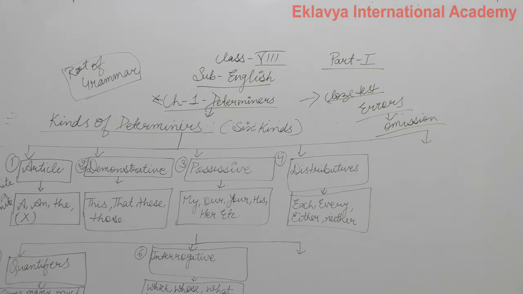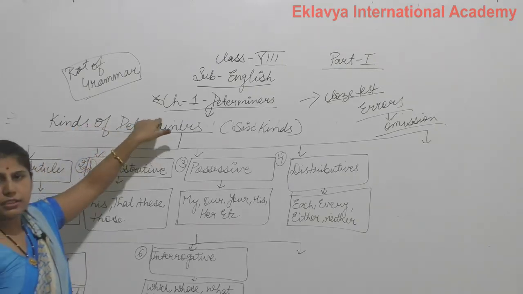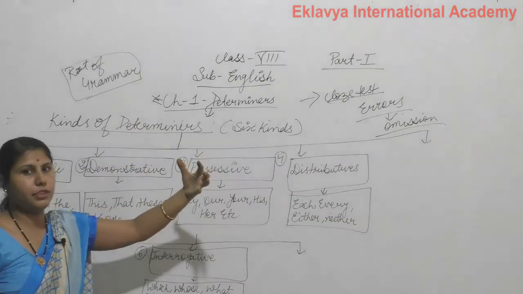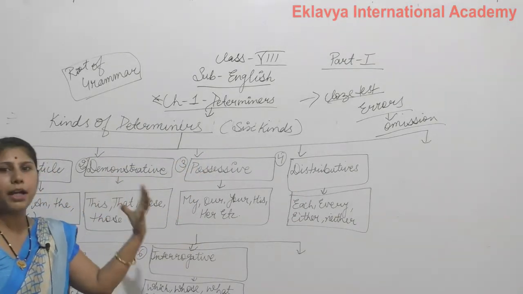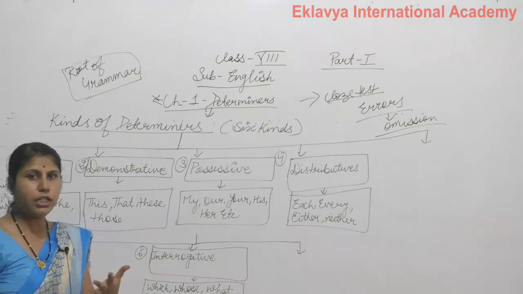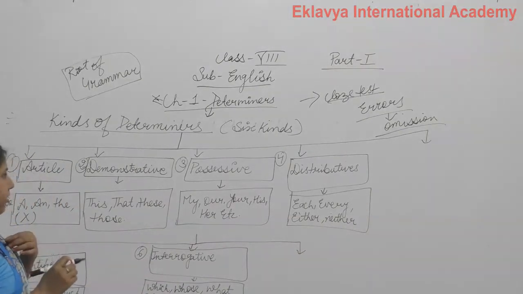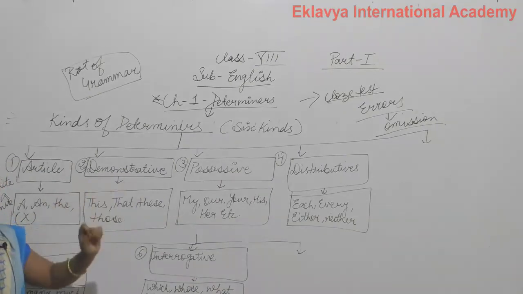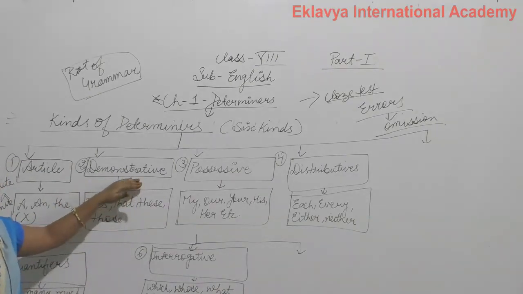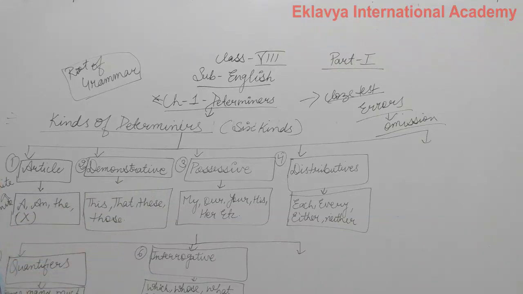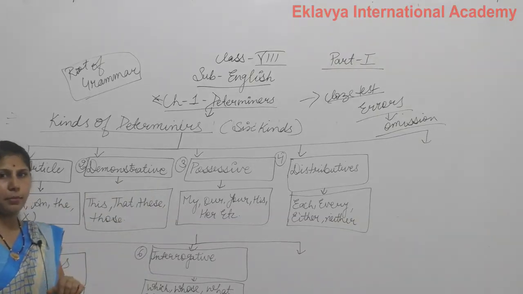Okay. Now next is demonstrative. What is demonstrative? Now we understand the meaning of determiners, that which point out something. Determining means telling it, pointing it out. In the same way, demonstratives also point out something. Like this is my marker.